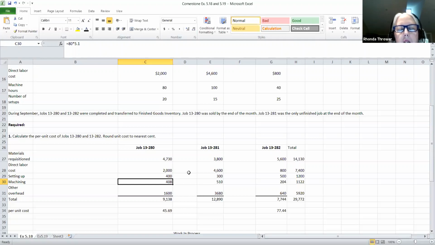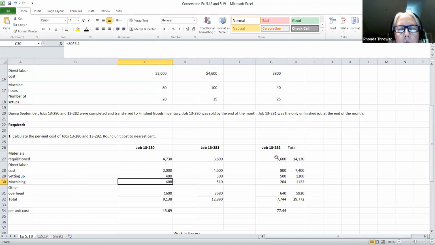But I wanted to go ahead and include job number 281 because they are a part of the total cost of this period of time. And in other requirements, they're going to ask you about the cost that would go into work in process. So I thought it was important just to go ahead and put all three jobs down here.